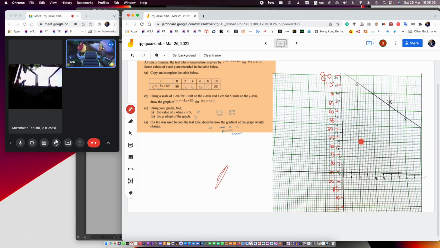Can or not? Yeah. Now you can start marking the points already. Where's your 0 and 80? Are you starting to mark 0 and 80? Yes.